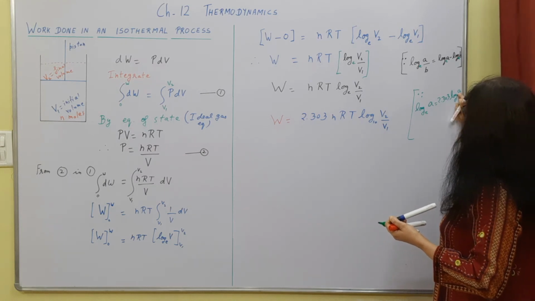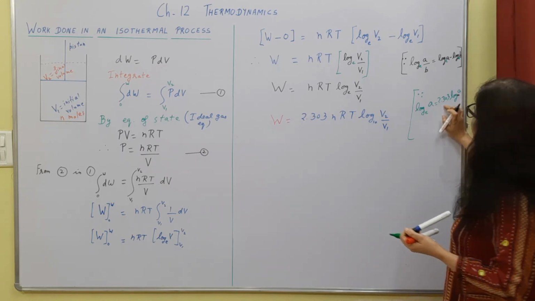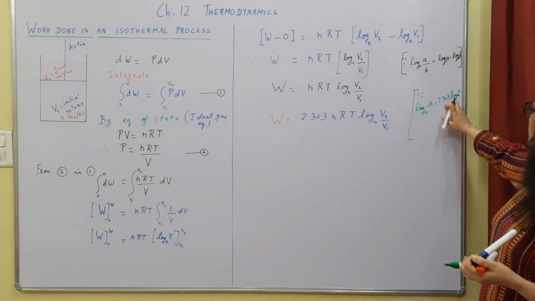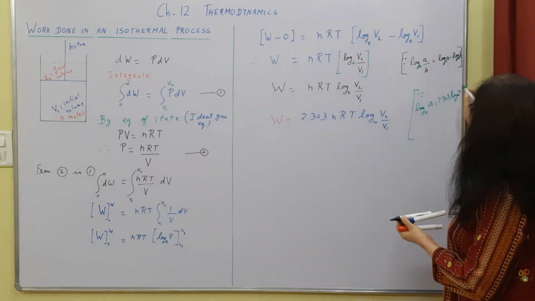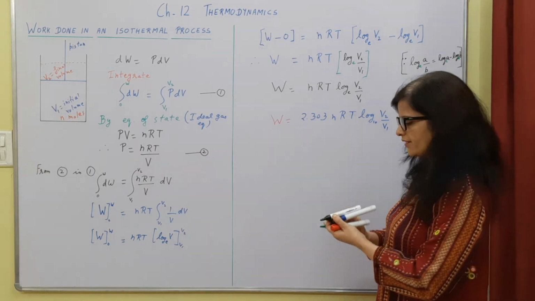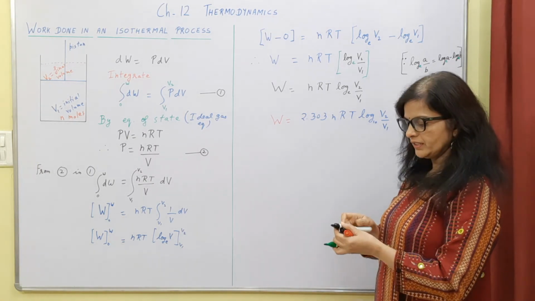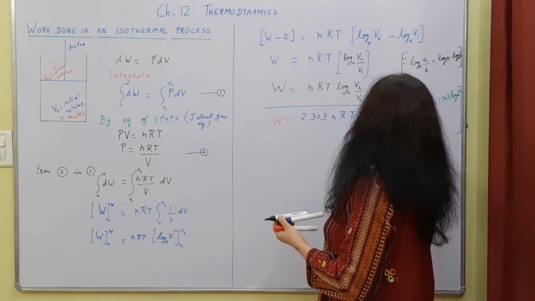So for converting log base e into log base 10, we multiply by 2.303. Right? So this is what we have done. Now we can convert it into some other form. This is one form of the work done in an isothermal process.